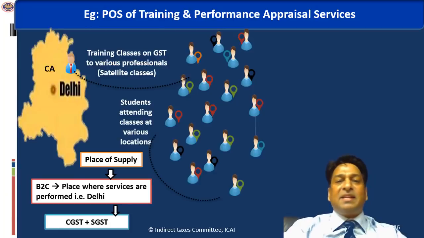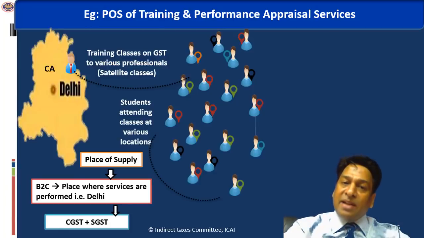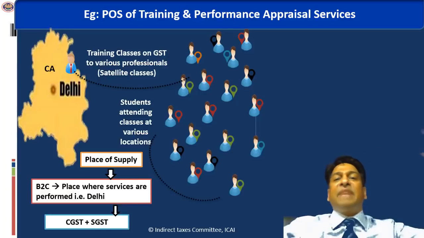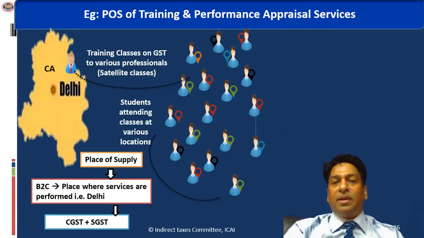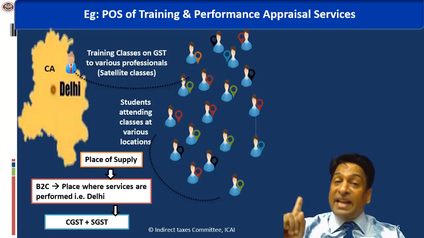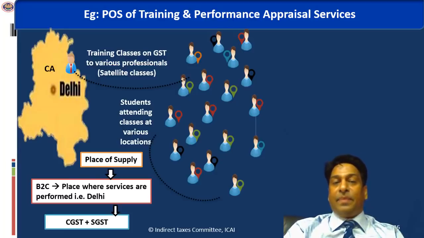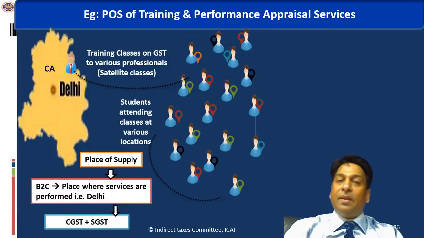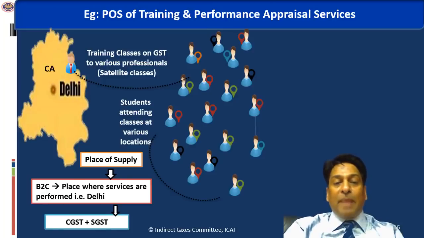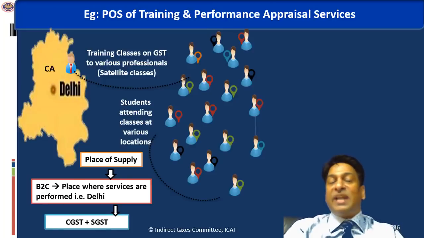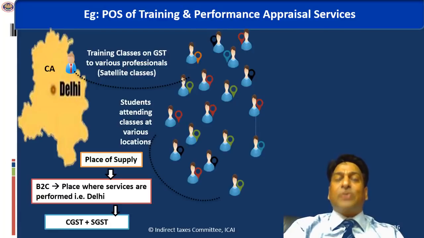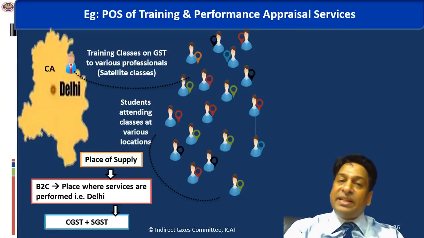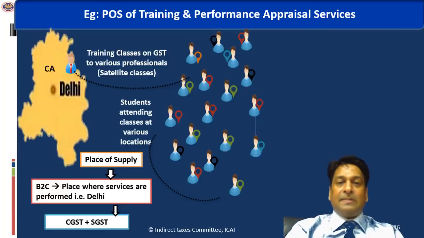Through satellite classes, the supplier is stationed at Delhi and, sitting at Delhi, is giving this training to all the students. These students are not registered, they are unregistered. Then the location where these services are being given would be the place of supply. So the place where services are performed is Delhi. In this case, the transaction would be intrastate and chargeable to CGST and SGST.